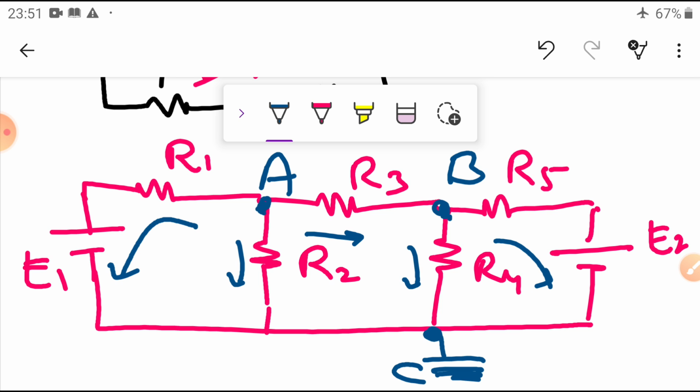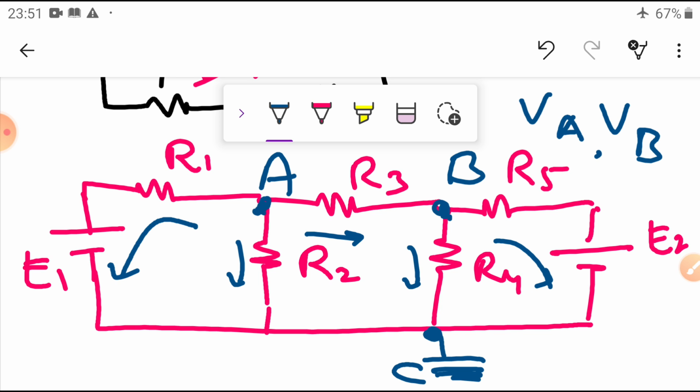You are going to write it. That means from A to C and B to C, you are going to write the equations. So from this we are going to get 2 equations. So here 2 unknowns, that means the voltage VA at node A and the voltage VB at node B. If you know VA and VB, we are going to get all the values, currents, everything, because C is taken as the reference.